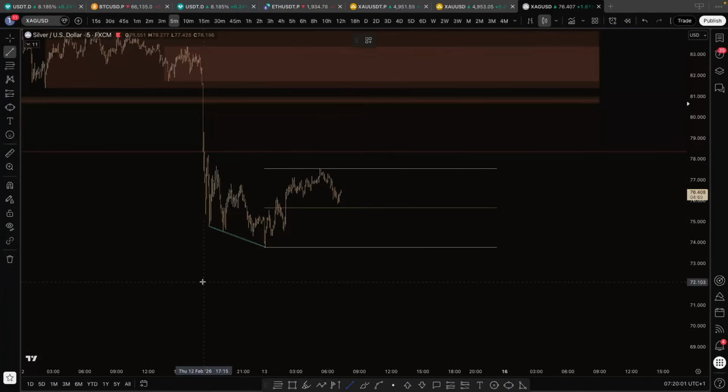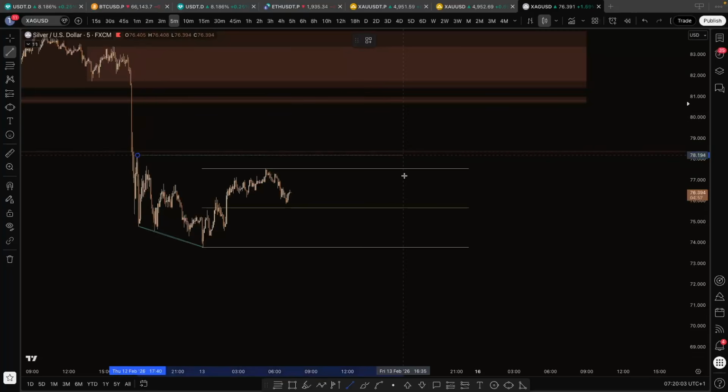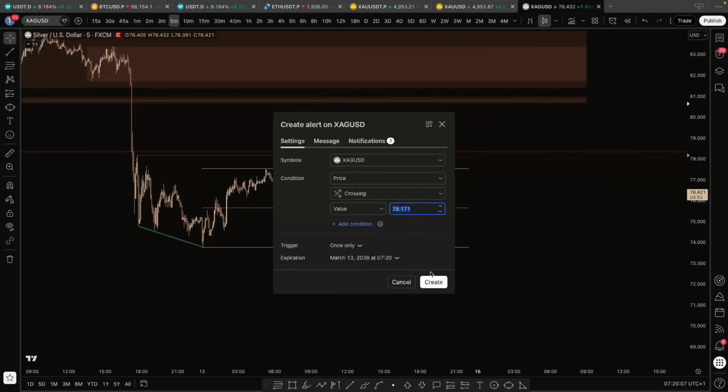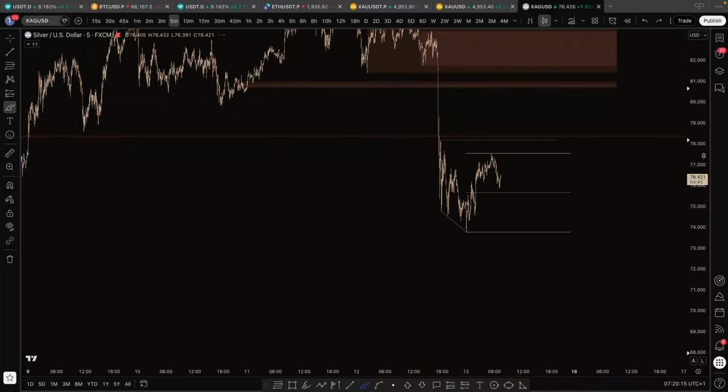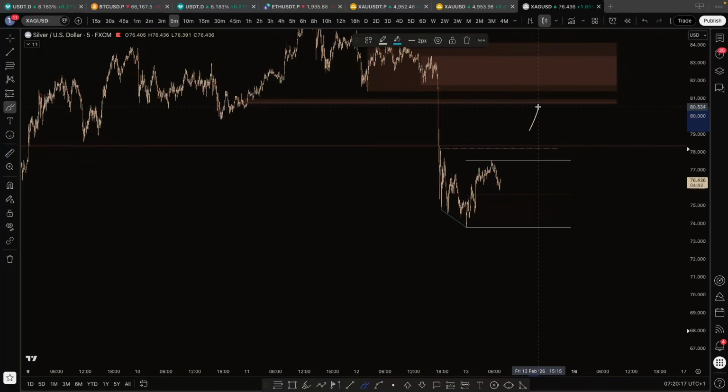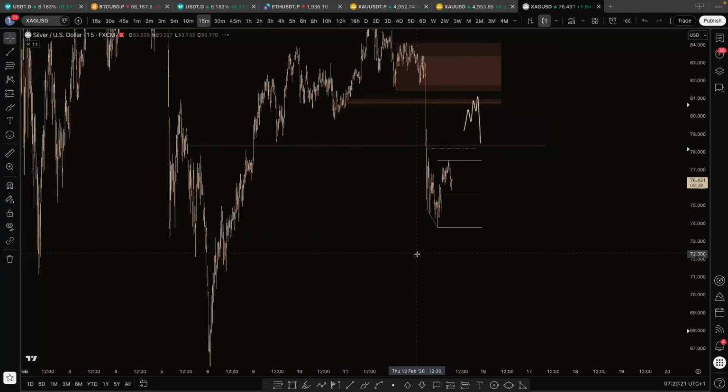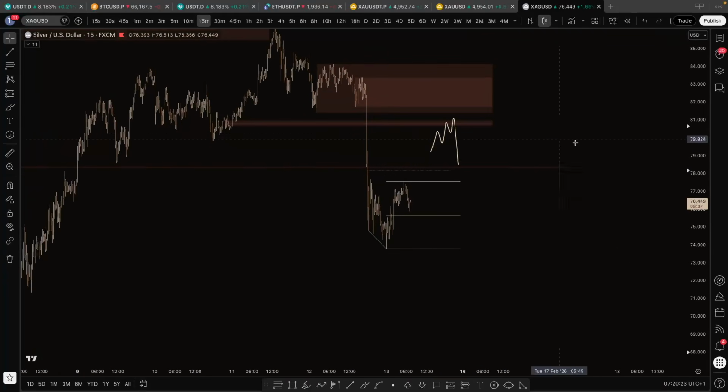End of the liquidity is here. So those are the lower time frame POIs on silver. What I'm watching here is a potential accumulation schematic. What I'm watching here is a potential distribution schematic coming into those POIs. So I have my alerts ready there.